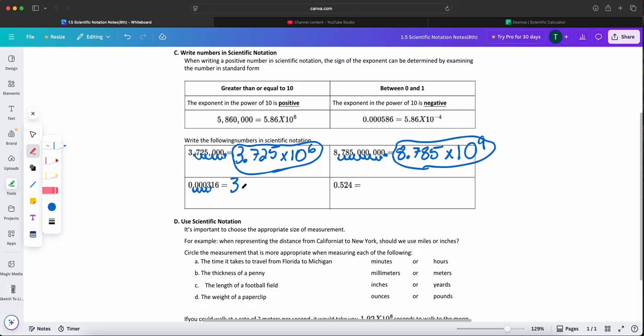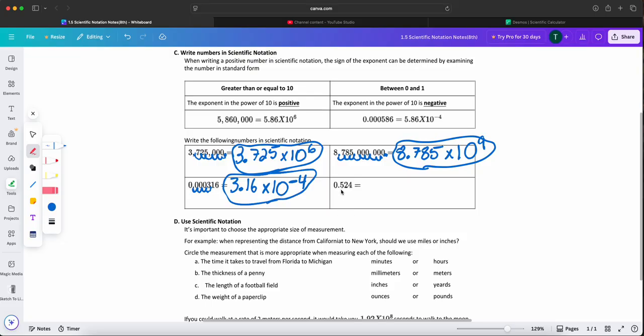So we'd have 3.16 times 10. Since it was a really small number, we have a negative exponent, and then how many times we moved it is our exponent. So I didn't count this one out loud, but if we look, I have 4 little humps here, and that means I moved it 4 times. So it'd be to the negative 4th.